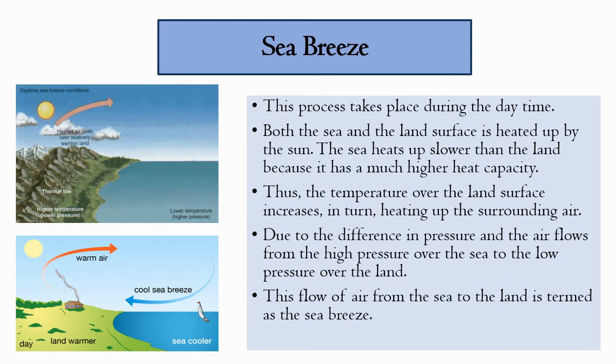This breeze occurs most often in the spring and summer months because of the greater temperature differences between the ocean and nearby land, particularly in the afternoon when the land is at maximum heating from the sun.